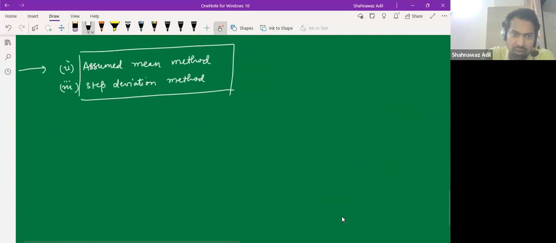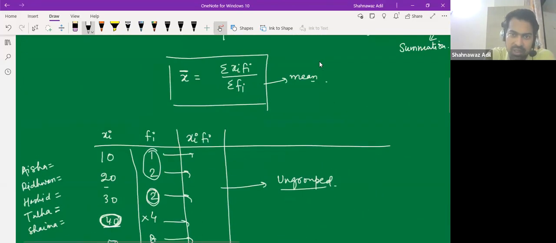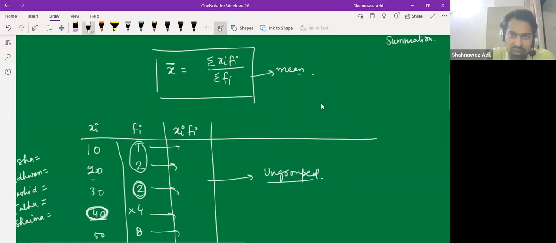Okay, so now let us talk about the assumed mean and step deviation. Let me bring this data here again.